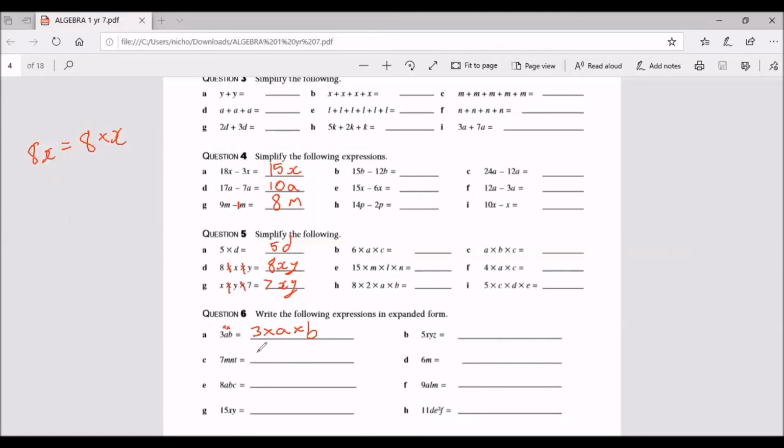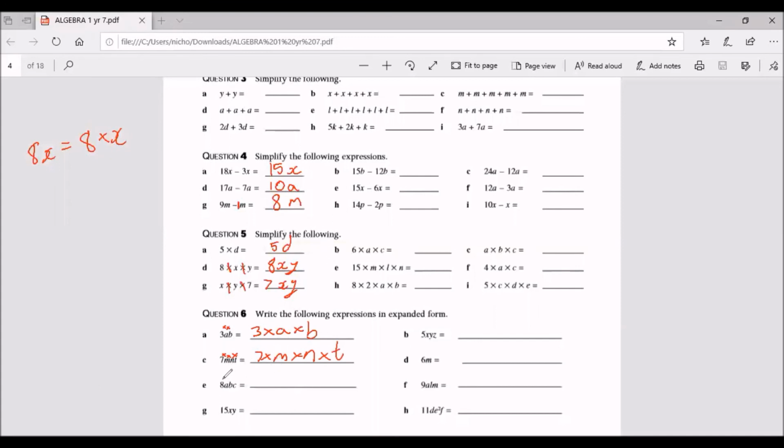So we have here 7, and there's a little times because there's no symbol there. And then here, m, and there's another little times because we're not writing a symbol. And then here there's another little times because there's no symbol. So whenever you don't see a symbol between coefficients and pronumerals, or pronumerals and pronumerals, assume that there's a times.